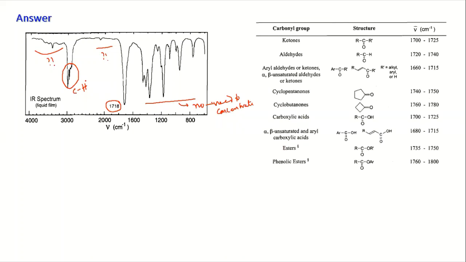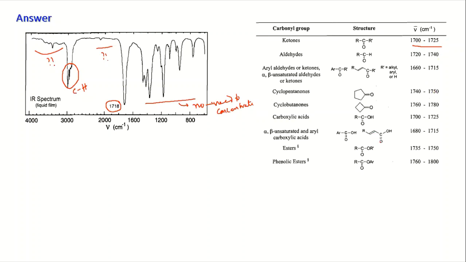If you look here, a series of carbonyl compounds have been given. In the last class also I showed you, and for ketones you see it has a specific region of 1700 to 1725, and that same thing we also find for carboxylic acid, a bit lower region.